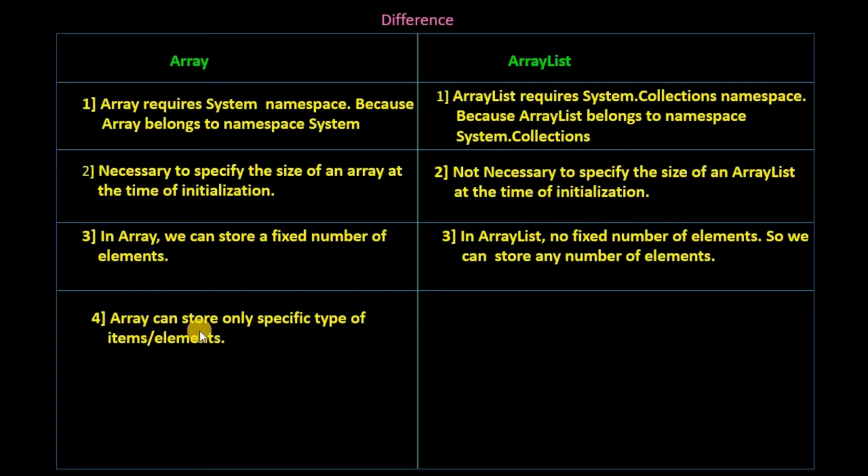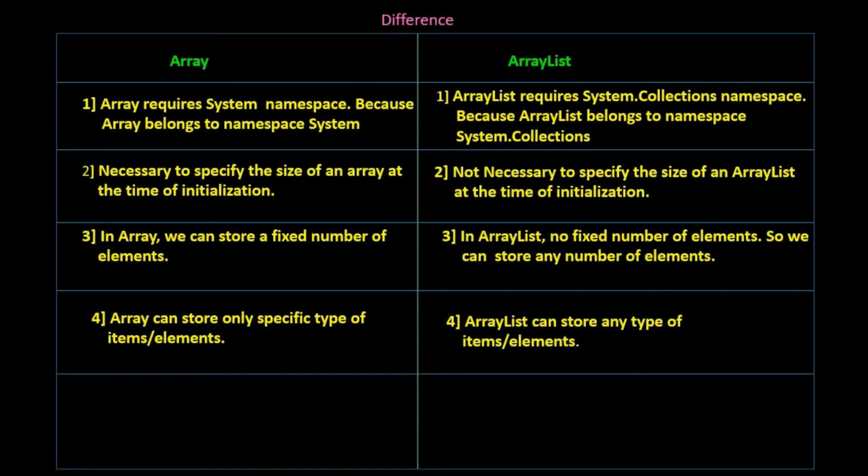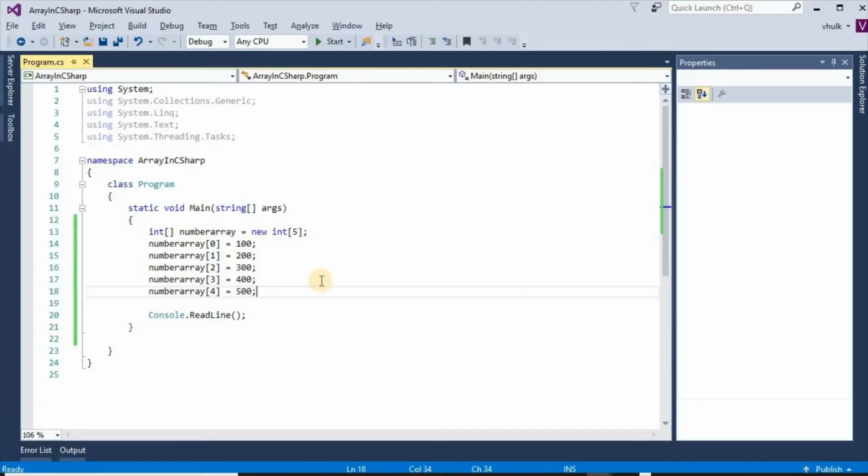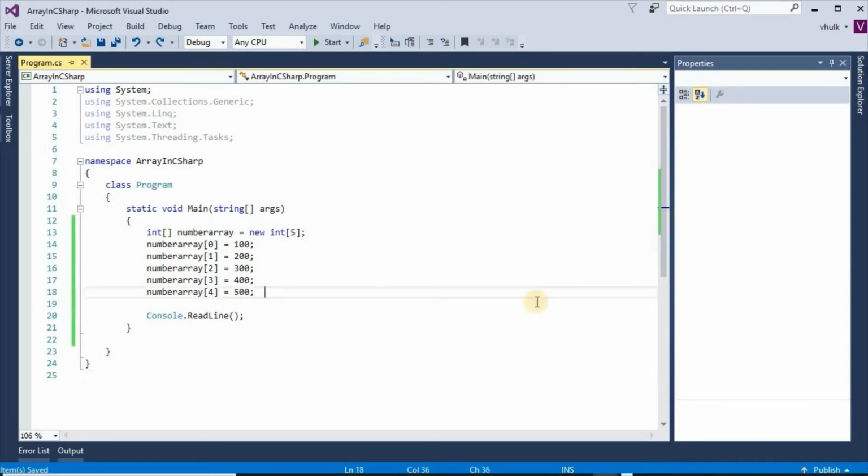Array can store only a specific type of items or elements. ArrayList can store any type of items or elements. We have created an integer array.